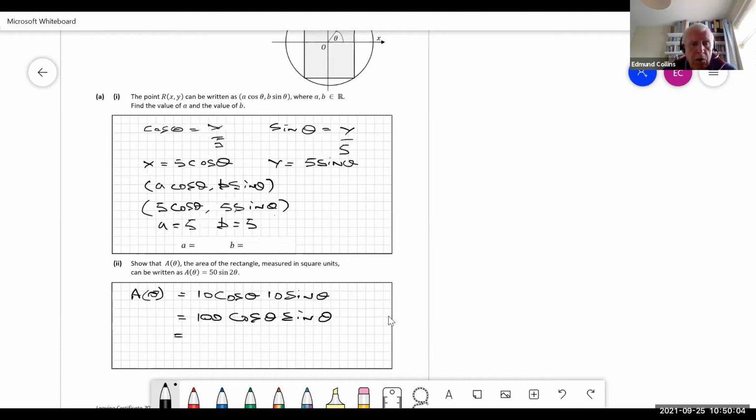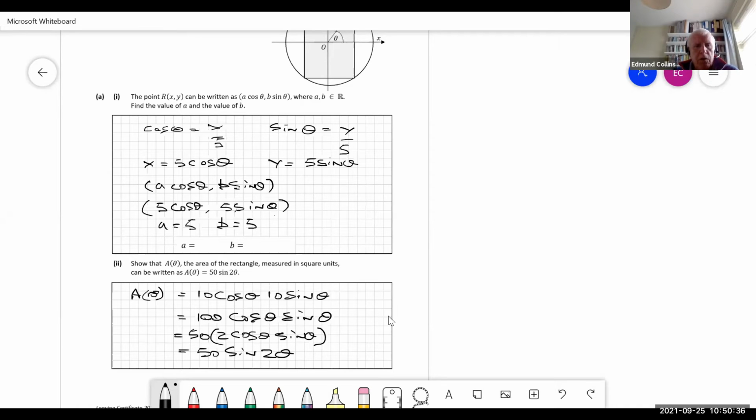So we can rewrite this as 50 times 2 cos theta sine theta. And that equals 50 times sine 2 theta. So that's it. The first part of the question done.